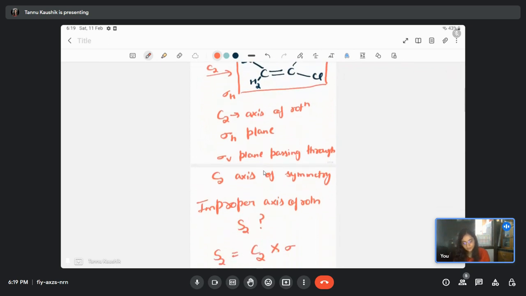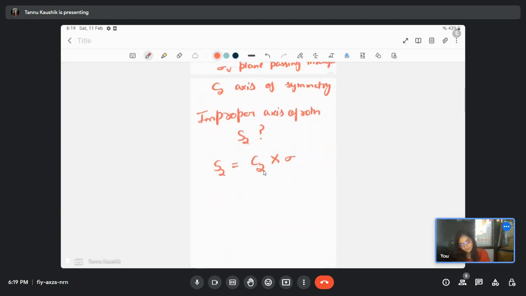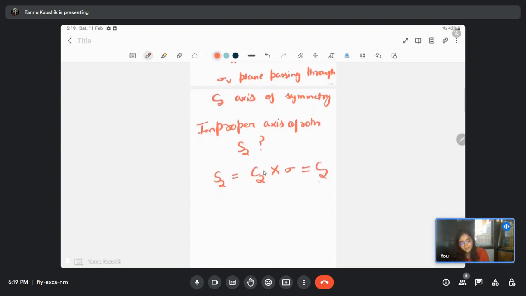So if we see it here, after performing this C2 axis of rotation, we will get an equivalent configuration to the one we got after performing the C2 operation.